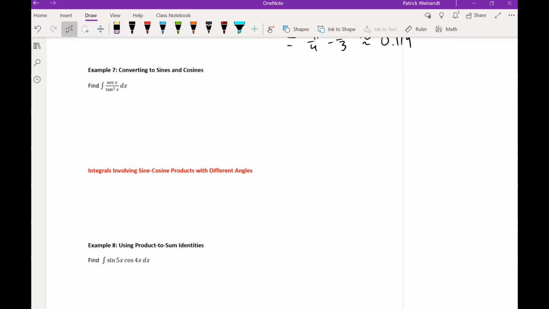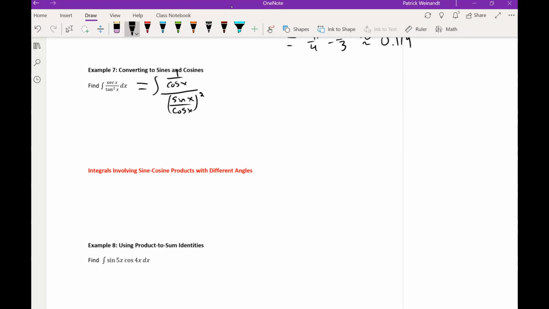What we want to do here is convert this so it's in terms of sines and cosines. So this is the same thing as the integral of secant. We know the reciprocal identity there is that's the same as 1 over cosine of x, all of that divided by tangent squared, which is the same as sine of x over cosine of x, squared.